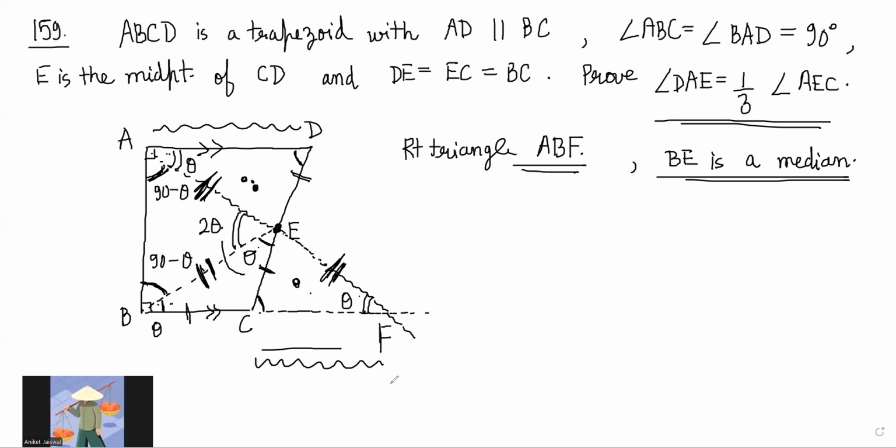Sir, what is the answer of 160 and 161? 160 is CDM. CDM is 90. Yes, sir. And 161? 161 is ACB is equal to 45. Yes, sir. 161 is Moscow Math Olympiad 1995.